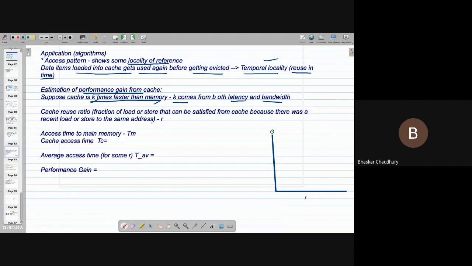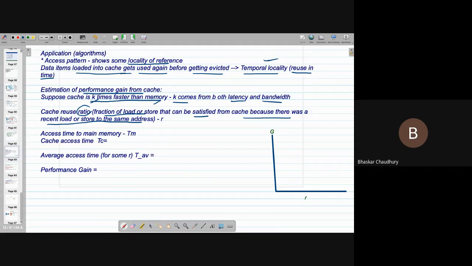Now, cache reuse ratio. This is a fraction, a ratio: the fraction of loads or stores that can be satisfied from cache because there was a recent load or store to the same address. This will be decided by your code, on which application you are working.